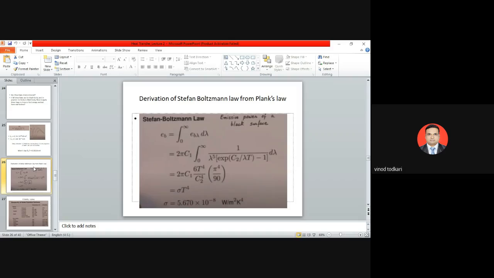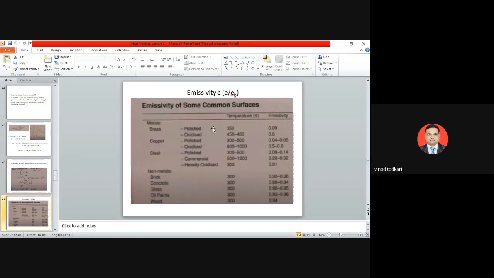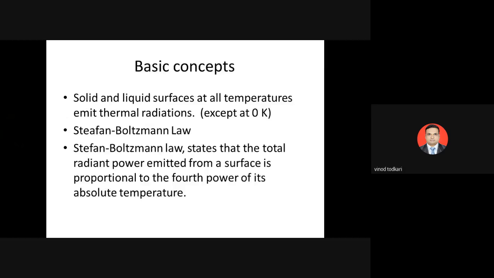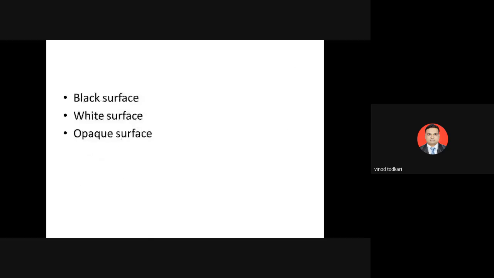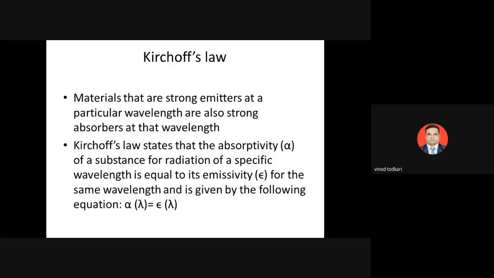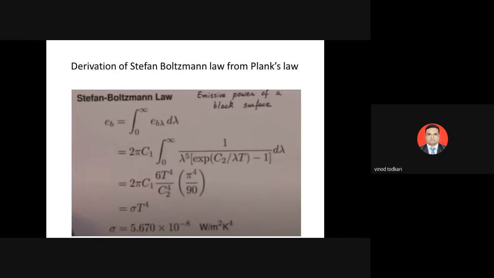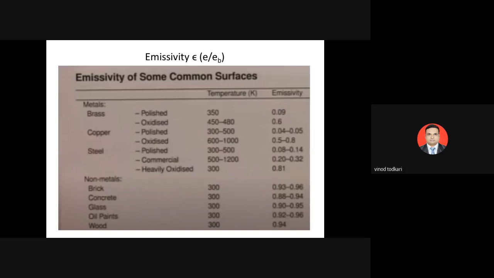So for that, we use a concept which is called as emissivity. At the top of this slide, I have written this emissivity. I believe you can see this slide. See here, emissivity. What is emissivity?